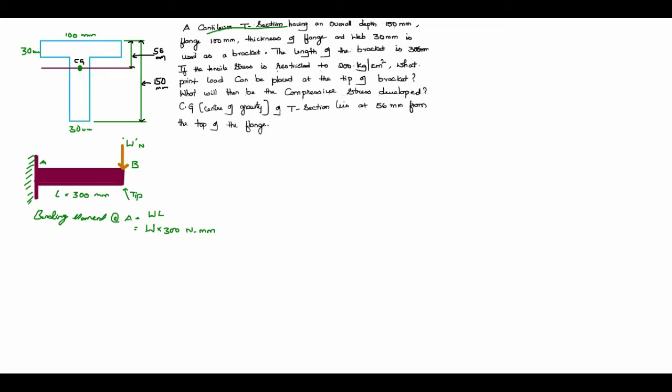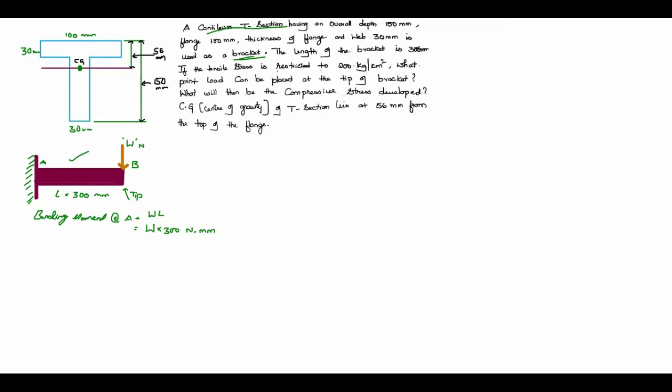So what is a bracket? A bracket is nothing but a projection that is coming out of a wall or a column so that something can be placed or hanged to that. See, if you can see this figure down below, the second figure here, this bracket seems to be like a cantilever portion.